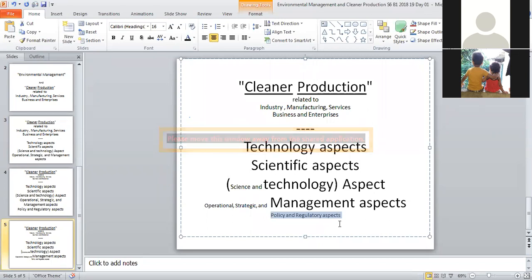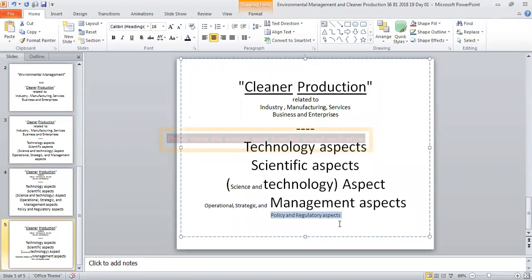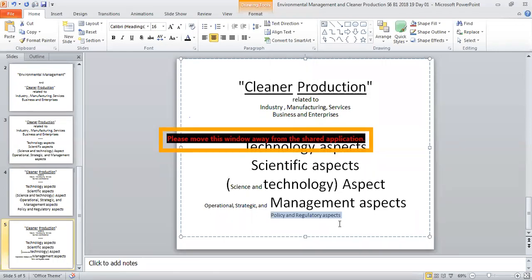Ordinary consumers buy this, they eat this low quality bread and they become what? They become malnourished. Or they can be sick. See how we can extend cleaner production to the bakery industry.